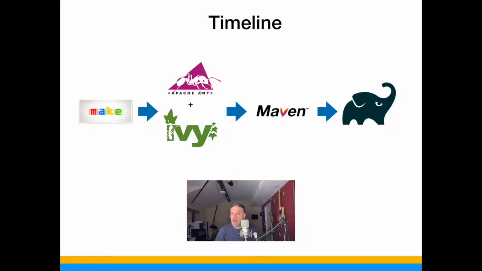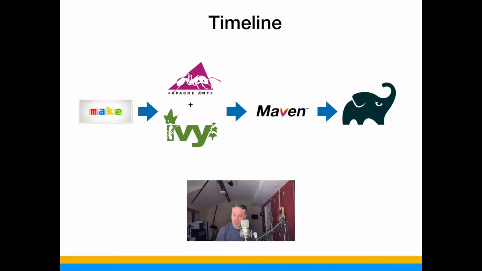So the first thing that we see here is Make, which was introduced at Bell Labs in the 70s. It was just a series of recipes of how to compile the code. It doesn't necessarily say anything about the dependencies, but at the very least it is the steps to follow to compile the code properly.